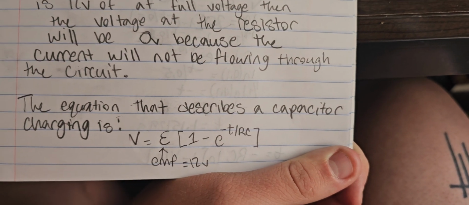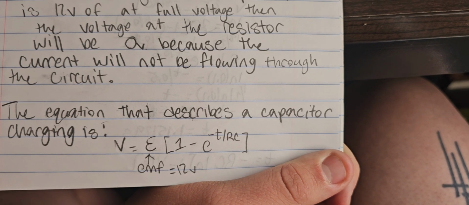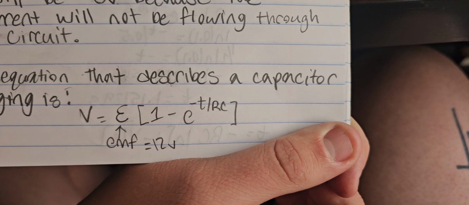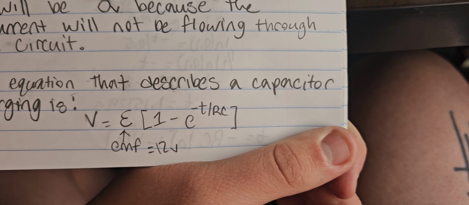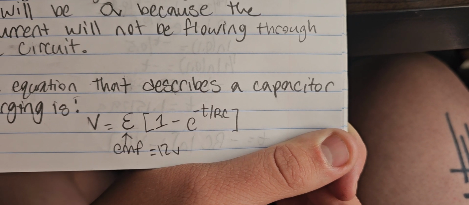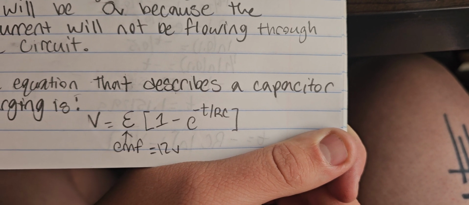The equation that describes the capacitor charging is V equals EMF, which is also equal to 12 volts, times, in brackets, 1 minus e to the power of negative t divided by RC.